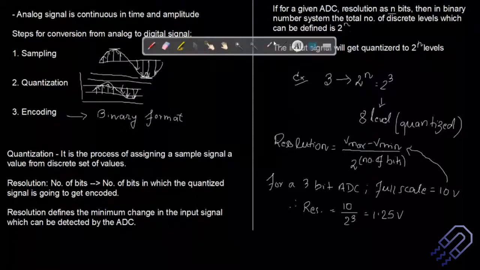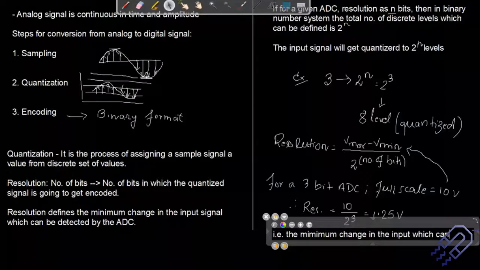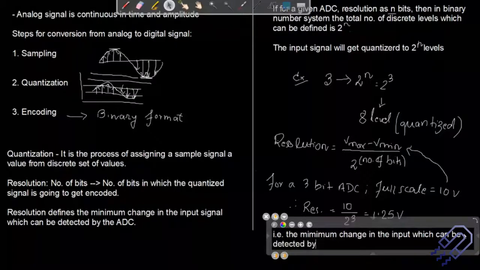I think this is important, so let me write it down: the minimum change in the input which can be detected by the ADC is equal to 1.25 volts.